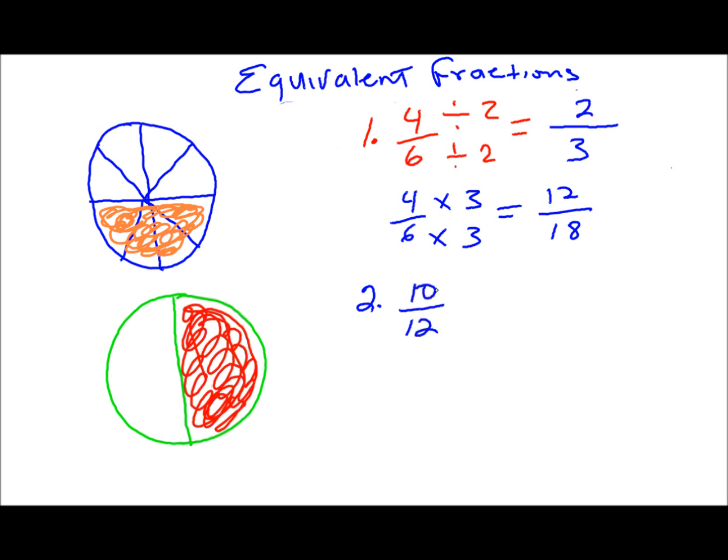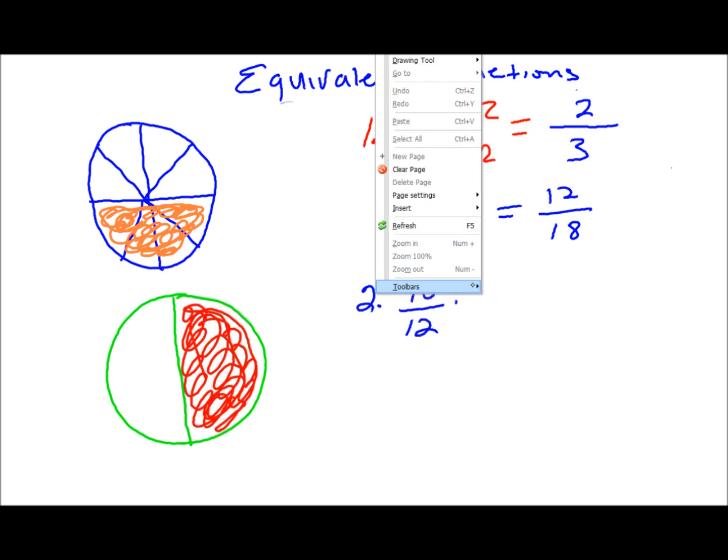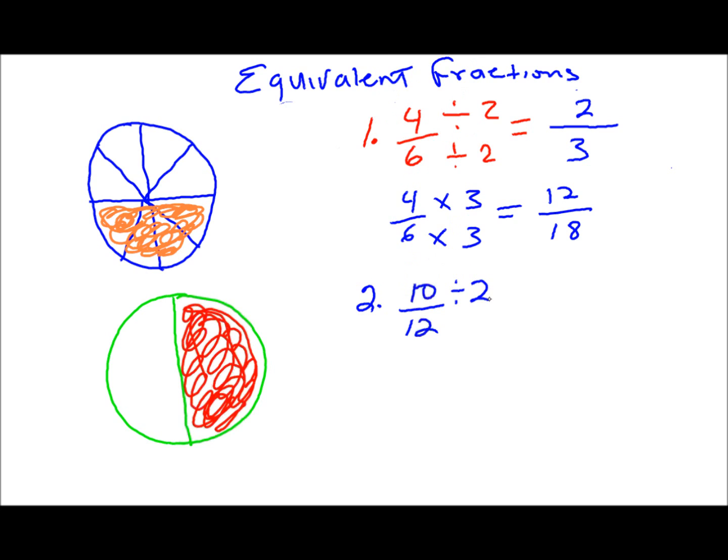But notice 10 only shares 2 with 12. So we can actually divide both by 2, and if we do so, we should easily get an equivalency. So here we will have 5 over 6, which in reality simplifies it to its smallest term.